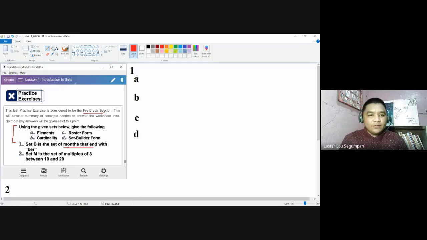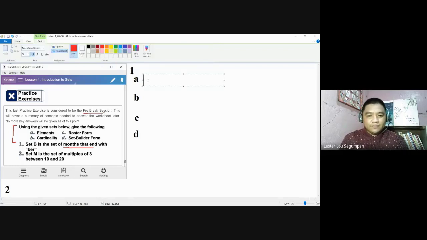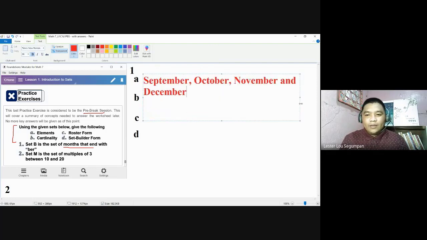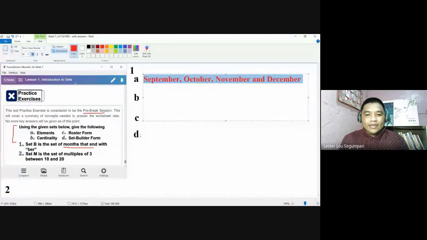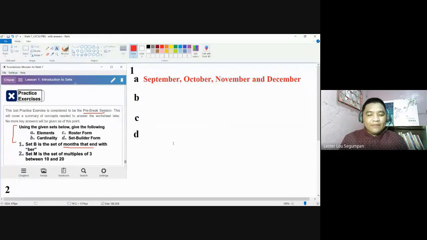And those are the months of September, October, November, and December. So these are the months that end with BER, and these will also be considered as the elements of the given set. Definitely, there are only 4 here, and we do not need to write other months.